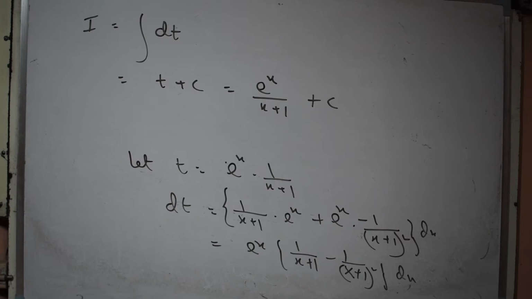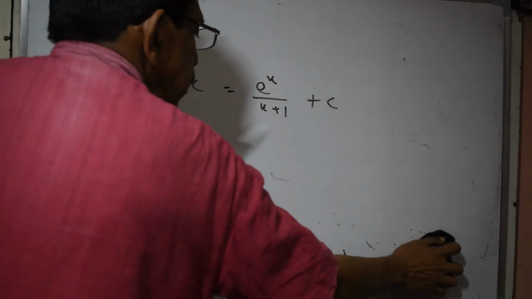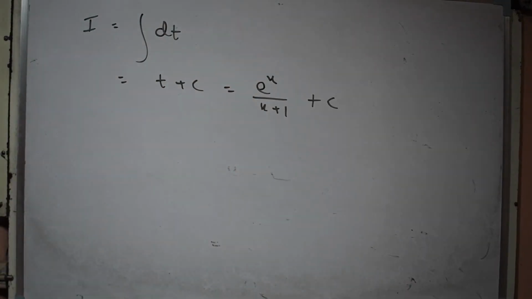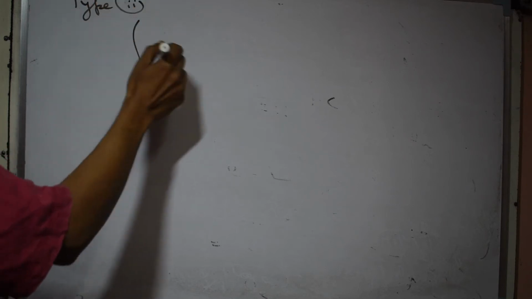Now the second type I want to discuss is a little bit, not under any particular heading, but we have an idea. This is type 2. Type 2 means this is not a particular problem, it is a typical type.